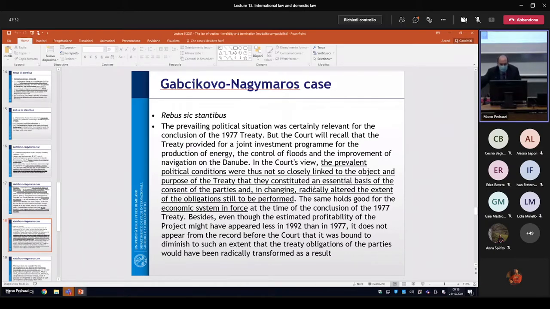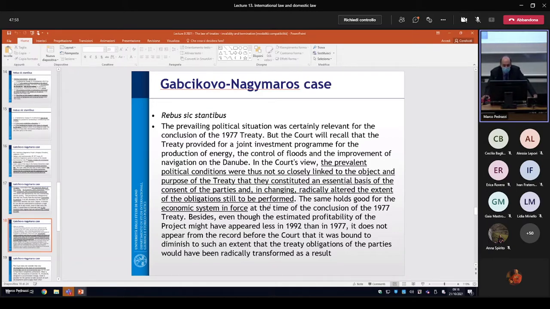So the political conditions were not so closely linked that they constituted an essential basis of the consent of the parties, and in changing would radically alter the extent of the obligations still to be performed. The same holds good for the economic system in force.